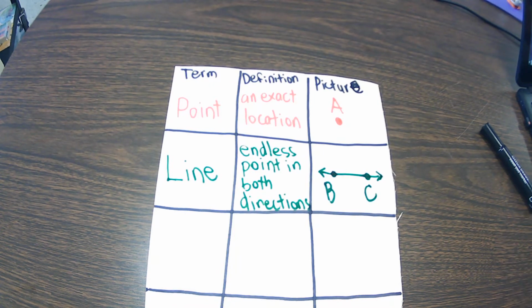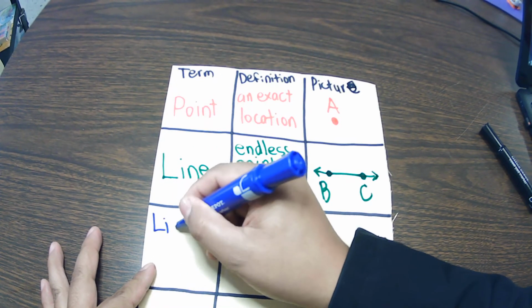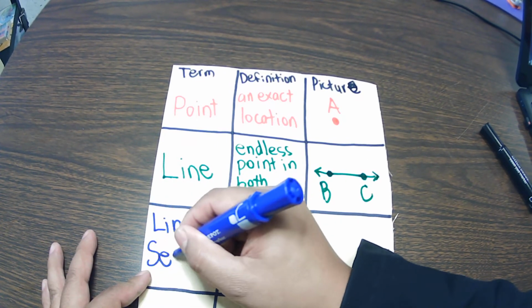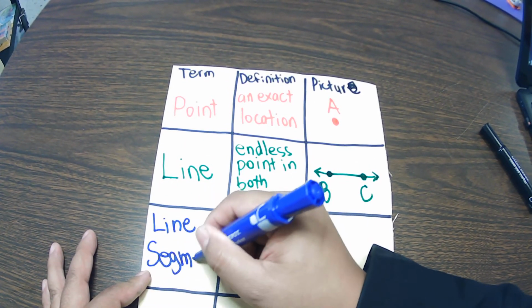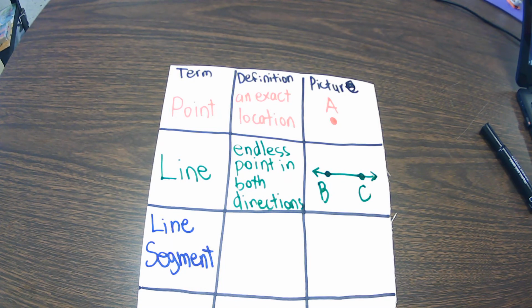Okay, next one, I'm going to change colors again. I'm going to try this purple color. Vamos a cambiar de colores. Let's do a line segment. A line segment is part of a line with two endpoints.